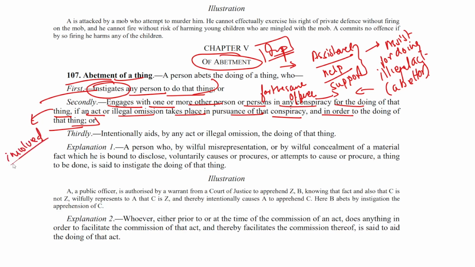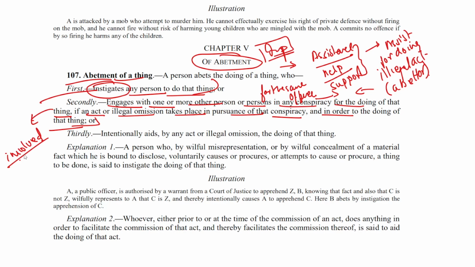So if somebody is planning to rob a bank, and in pursuance of that they planned a conspiracy where, out of the 5 people who conspired to rob the bank, one will be inside the car waiting for the other 4 to rob the bank and immediately come up with the looted items, and they will sit inside the car and then leave.